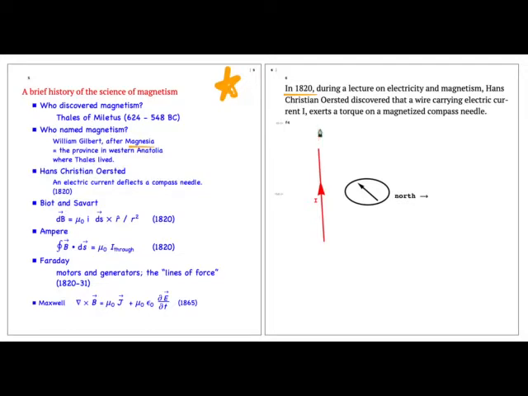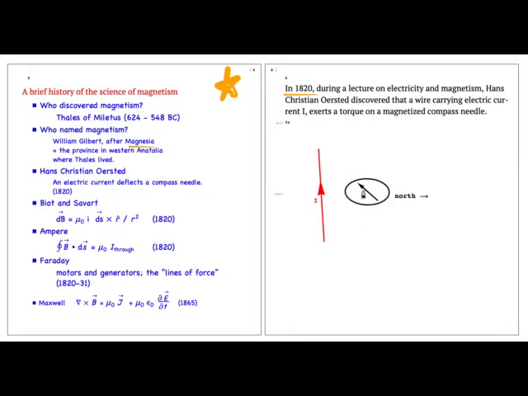He was showing demonstrations of electrical currents, and there was a compass needle nearby, and he noticed that when the current was flowing, the compass needle wasn't pointing north. It was pointing in the direction around the wire.